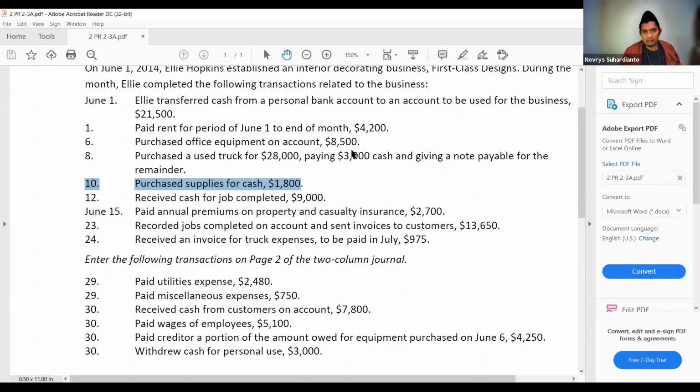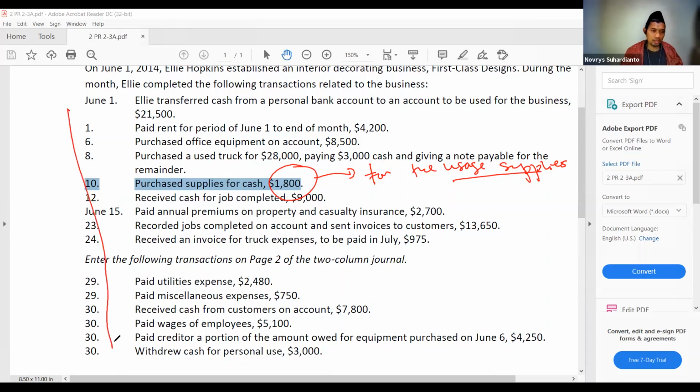Okay, that means these supplies need adjustment for the usage of the supplies. We never record the use of supplies. So from June 1st till June 30, no entries were made to record the use of supplies.